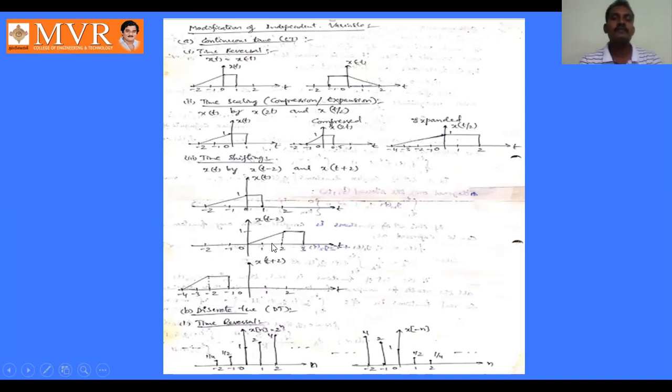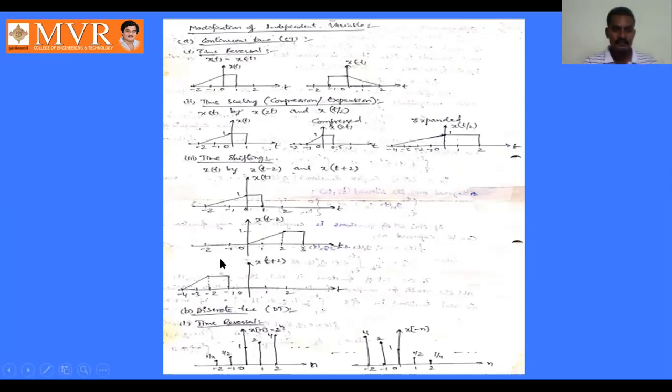The shape of the waveform will not change. The only thing is, it can be shifted either towards the right side or towards the left side by the given units. In the next one, it is given as x of t plus 2.